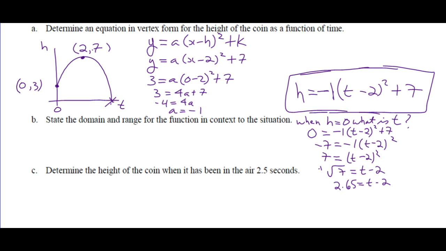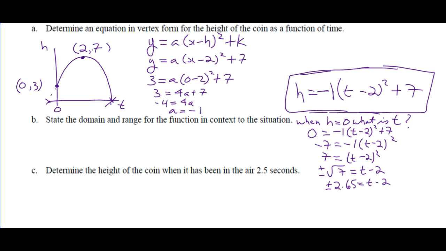Now, really, this is plus or minus. But in this case, we don't really care about the negative, because this parabola also has an x-intercept over here, and we don't care about that. In context, we're only interested in the plus one.